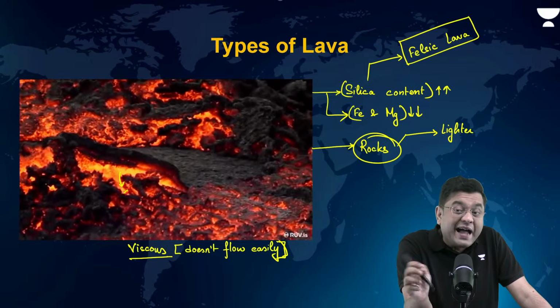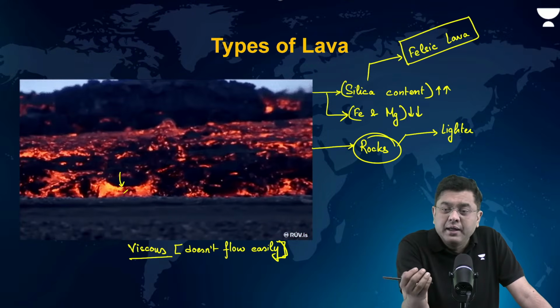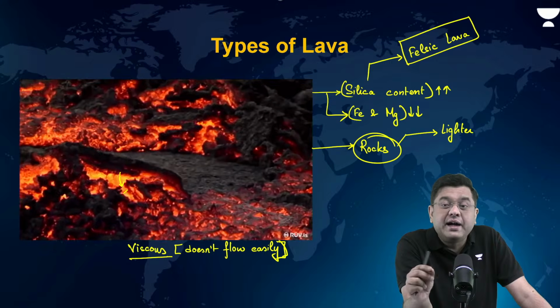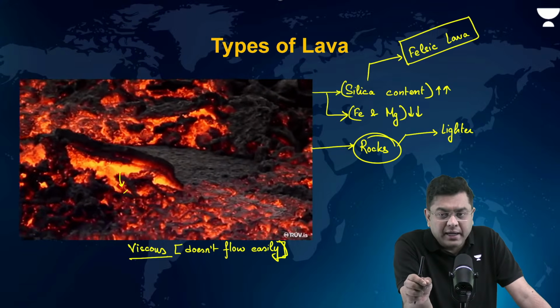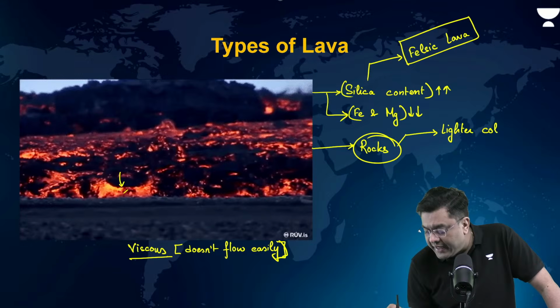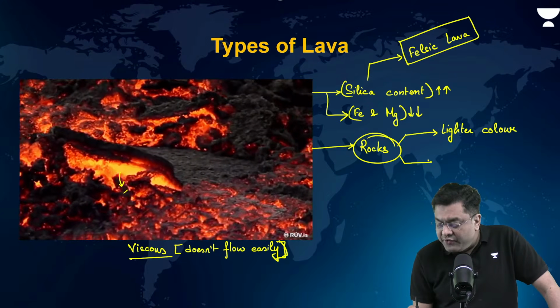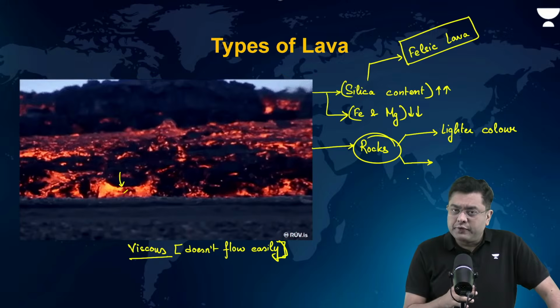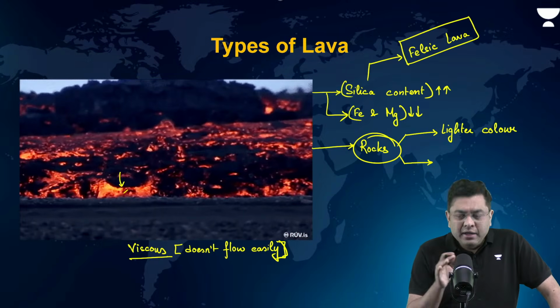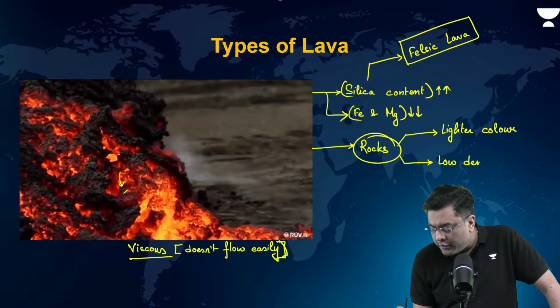Okay, it is that sand which solidifies eventually to form sandstone, etc. But that is what silica does. It induces a lighter color. So these kind of igneous rocks will also indicate a lighter color. And what about the density of these rocks which are getting created? This will be low density rocks.